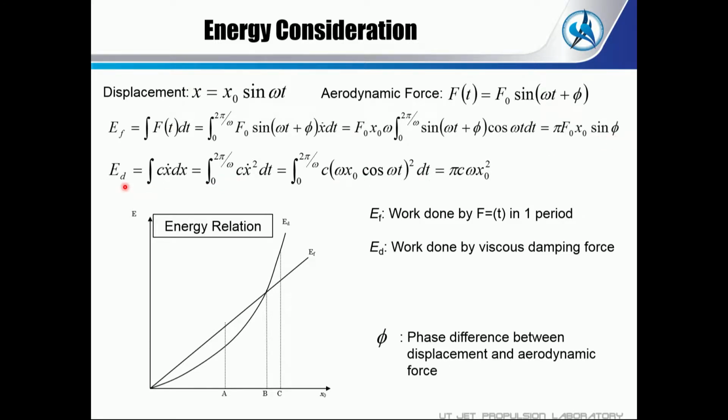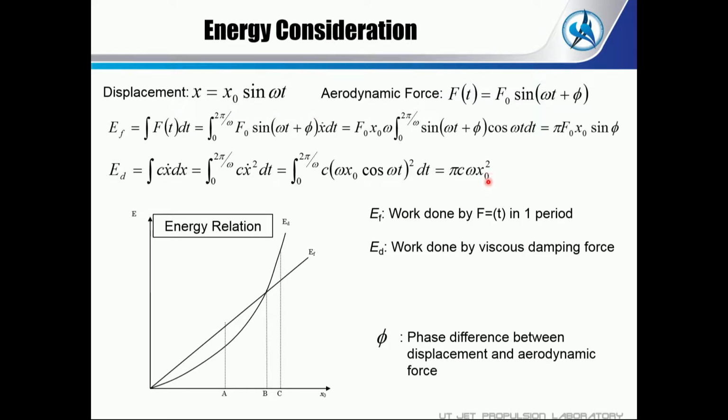And ED is the work done by the viscous damping force. C is the damping coefficient, and x dot is the velocity. We can calculate ED by this integration. The result is pi C omega X0 squared.